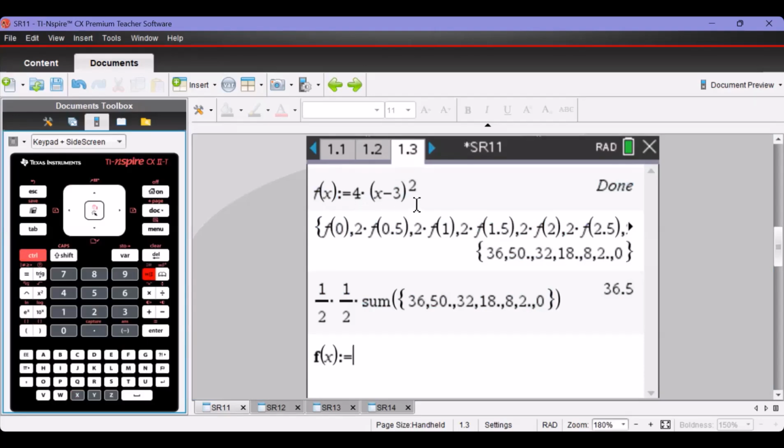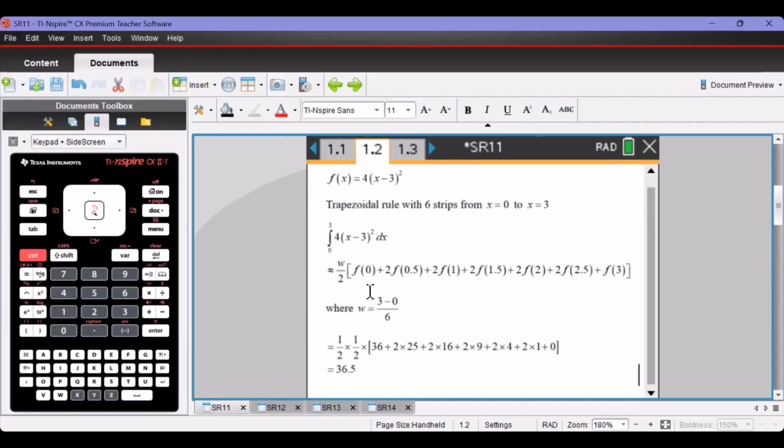On the next entry line, I've created a list of those function values, which I can show you again back on page 1.2 here. We can represent f of 0, 2 times f of 0.5, all the way up to f of 3, as a list.